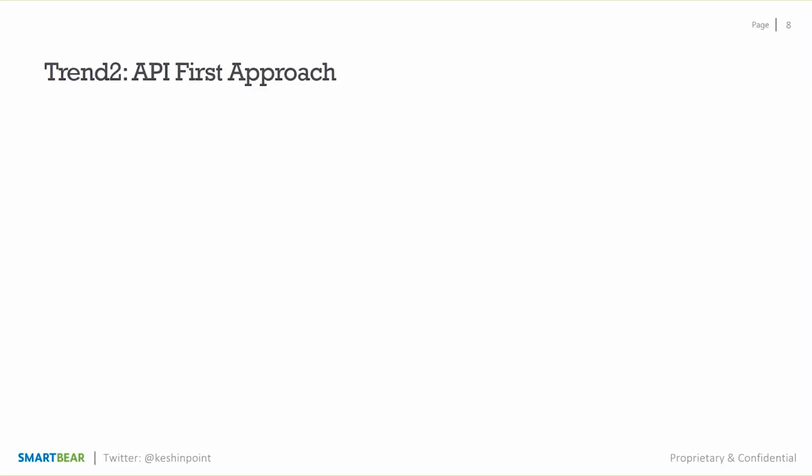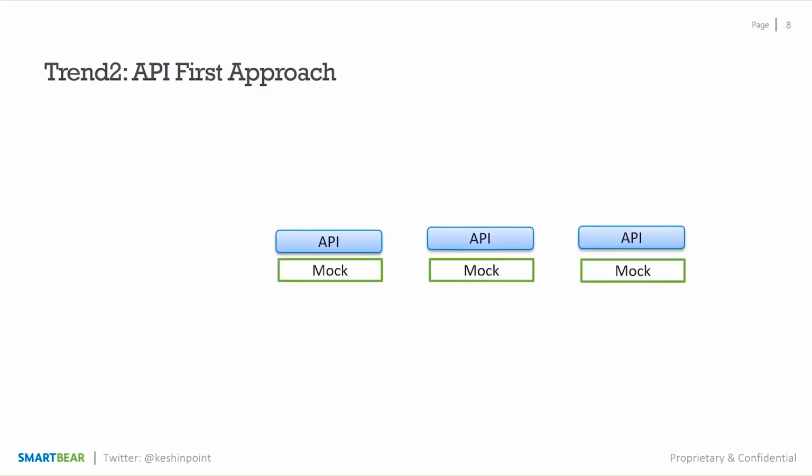So in the API first approach, you actually start out with an API layer. Once you have a clear idea of the plan, you start out with the API interface and mock out, for each of these interfaces, what data you would be showing or giving by each of these APIs.